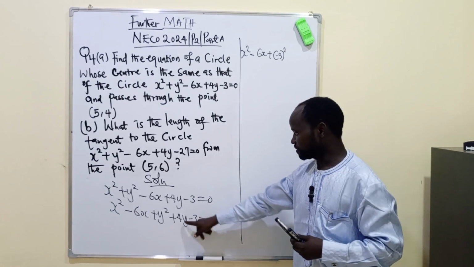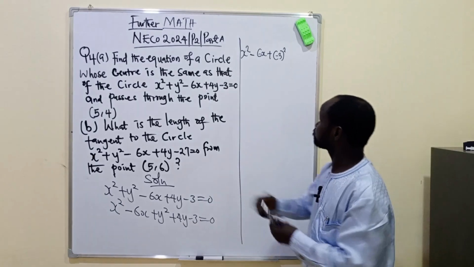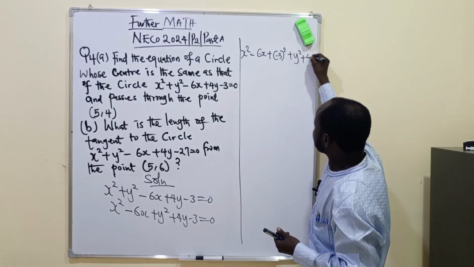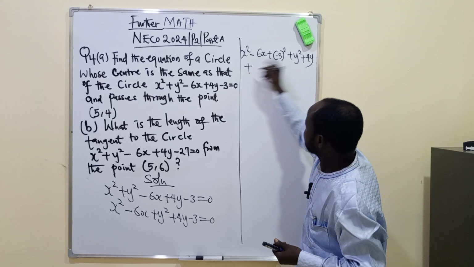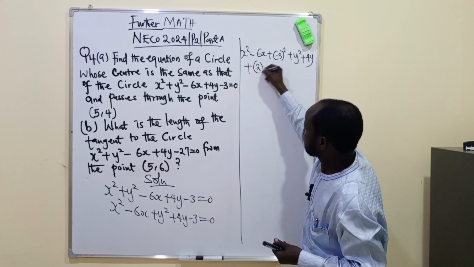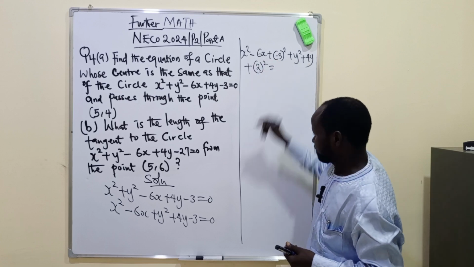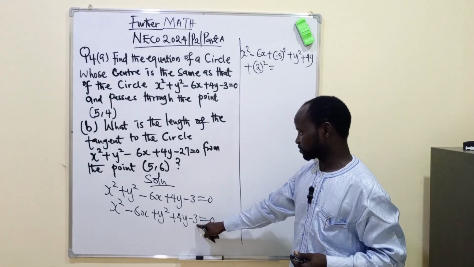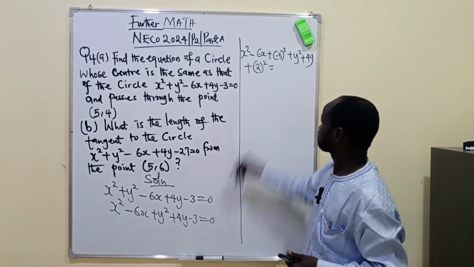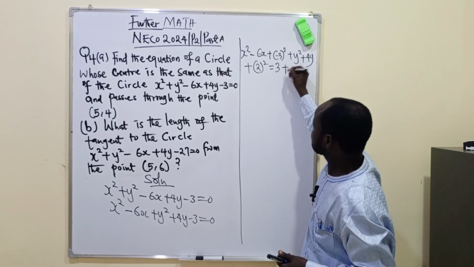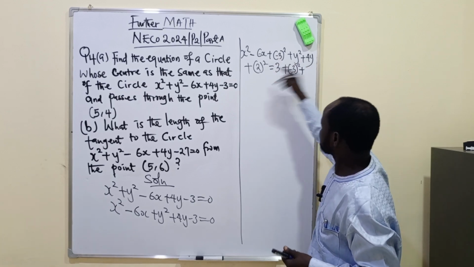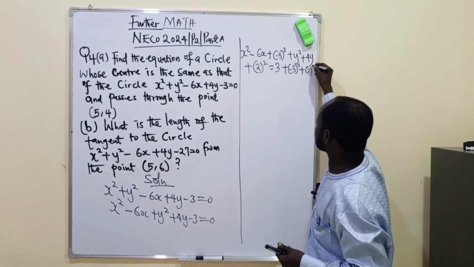Do the same to y: half of 4 is 2, so this will be y squared plus 4y plus 2 squared. Before we do that, let's bring this 3 to the other side. The constant minus 3, when you move it to this side, will become plus 3. We add minus 3 all squared to both sides, plus 2 squared to both sides.